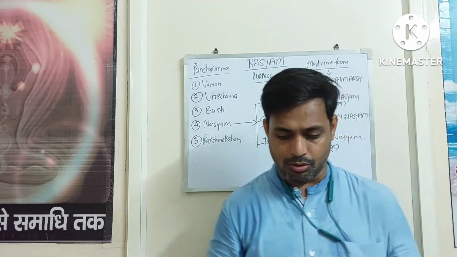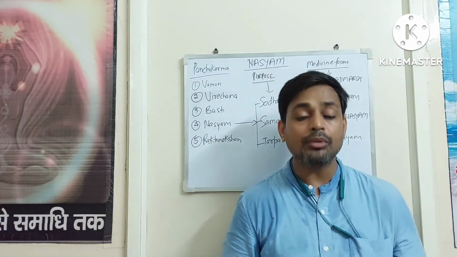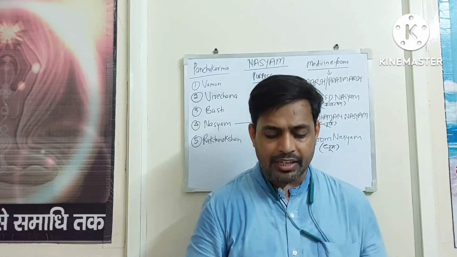Similarly, this is the second variety. The third variety is Pradhamna Nasya. Pradhamna Nasya is the churna, a super fine powder of a particular drug. For example, Vacha is a medicine.